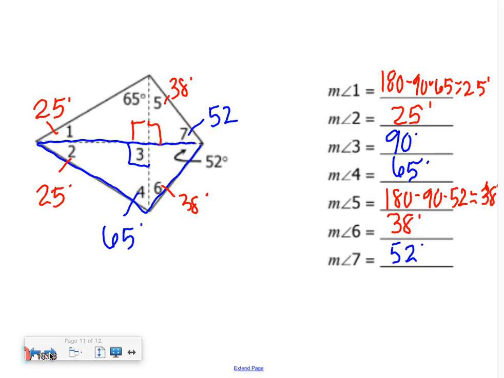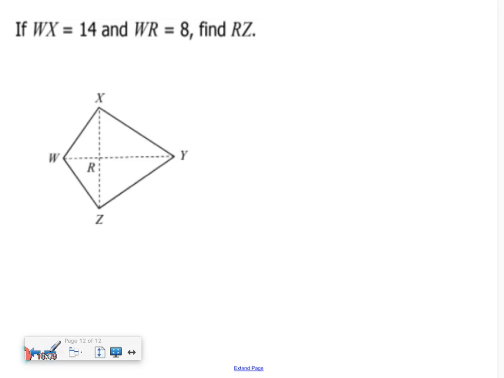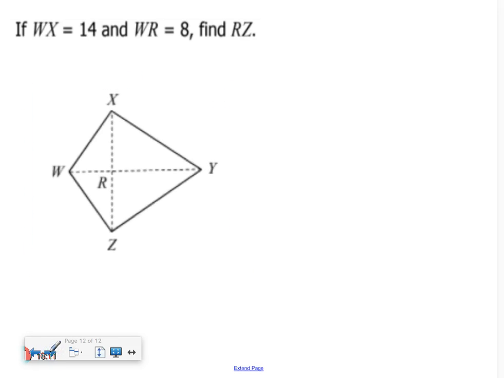Any questions with that, guys? All right, one last example here. We have a kite, and we are given WX is 14, WR is 8, and we want to find RZ. What's RZ congruent to? RX. Can I find RX?